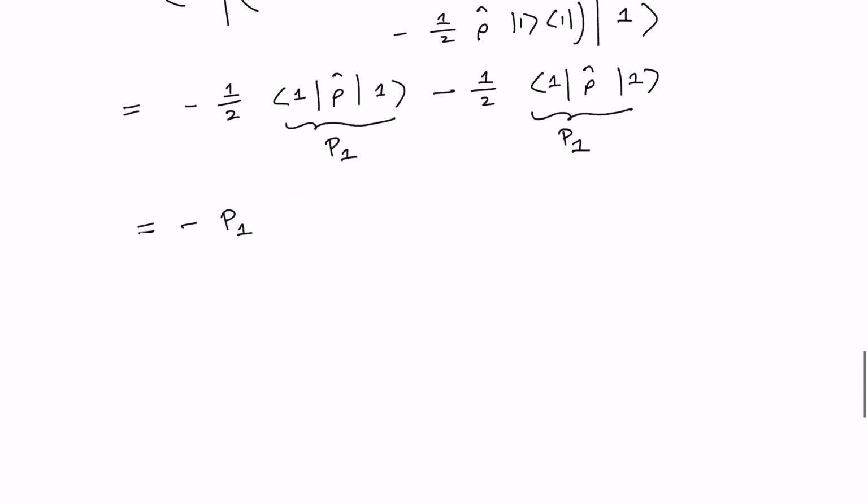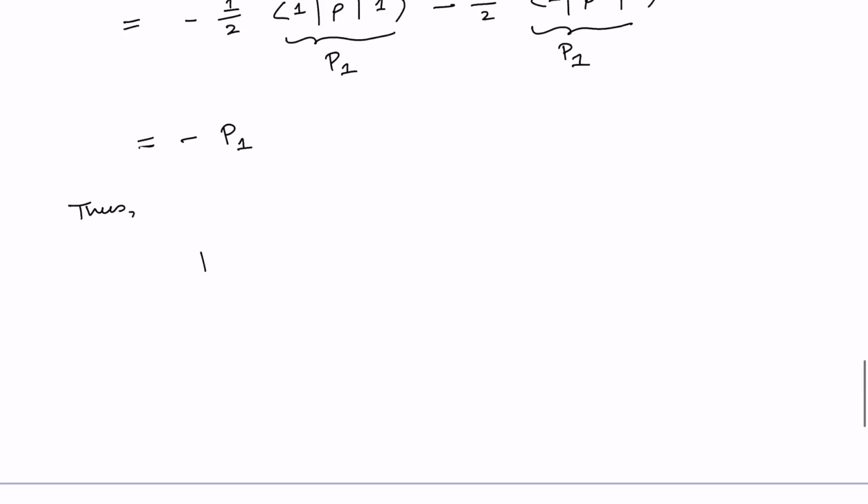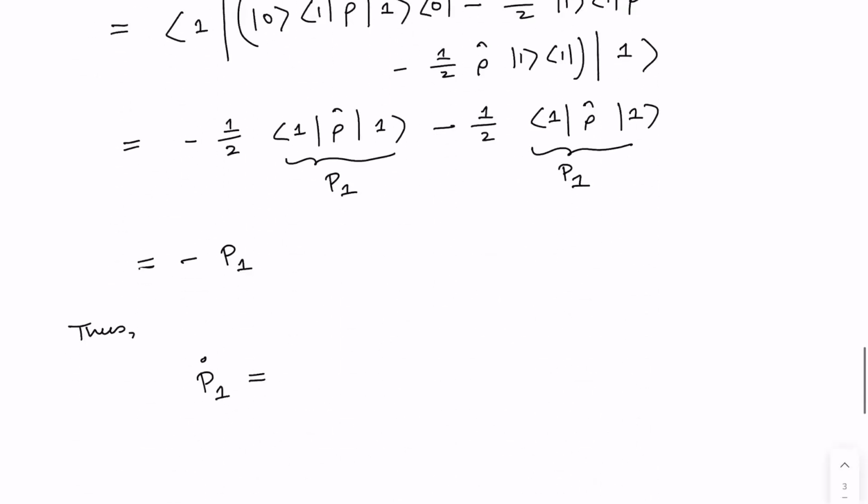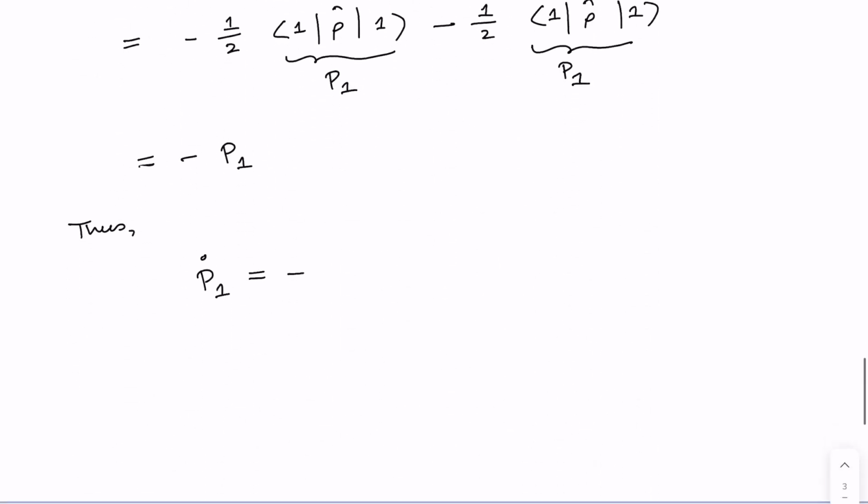Thus from this expression we have evaluated p1 dot is equal to minus gamma p1.